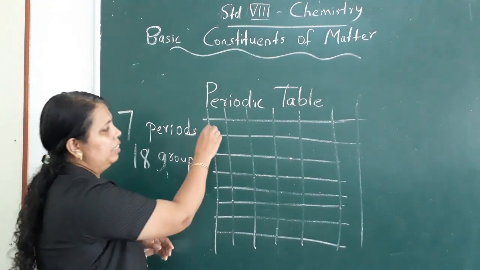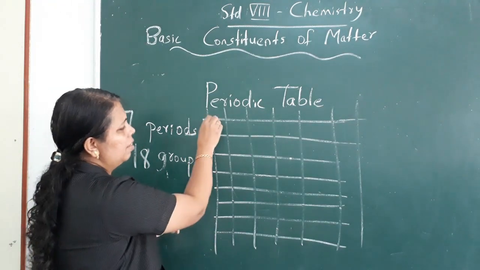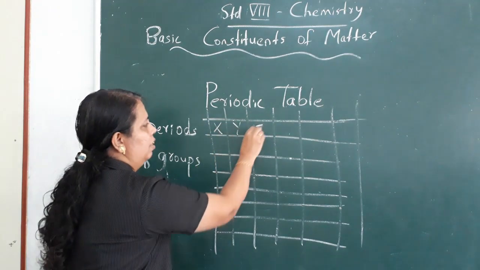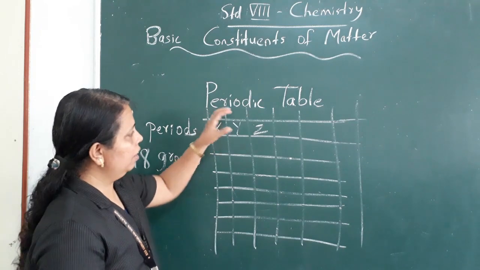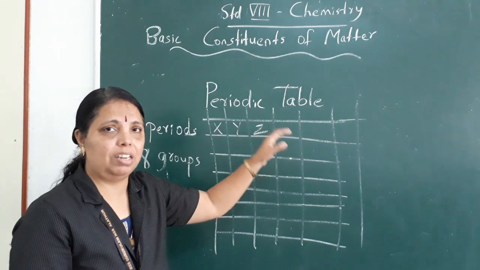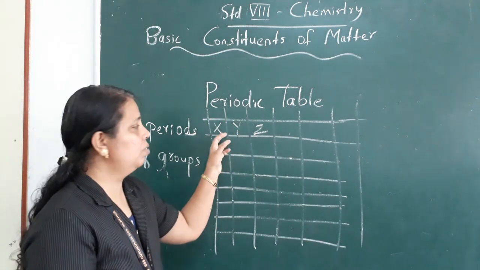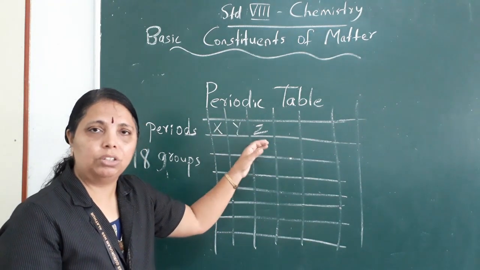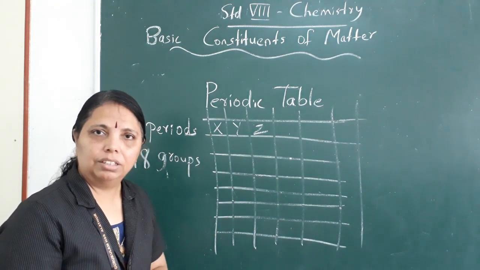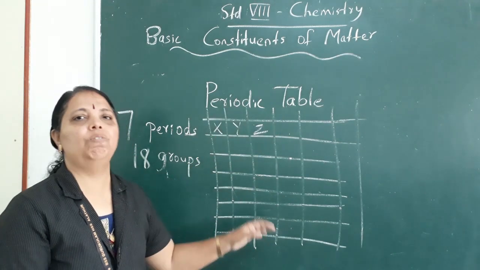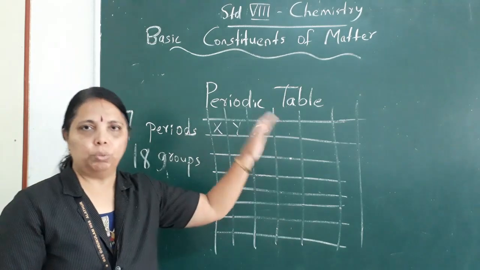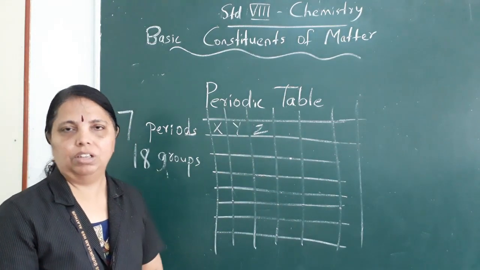And each element is given a separate box. Suppose this element is here, next element is here, next element is here. They are given a separate box, right? And they all have a separate number. Just as you all have roll numbers, they also have a number called the atomic number. Don't worry, you will study all this in 9th standard. Clear? So this is the periodic table with 7 periods horizontally and 18 groups, vertical columns.